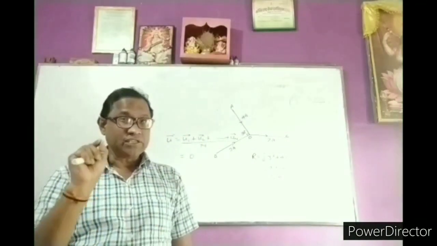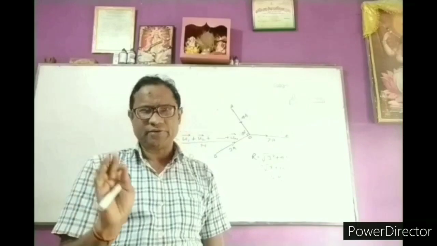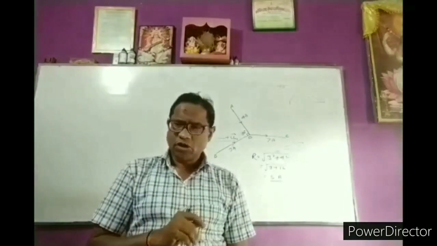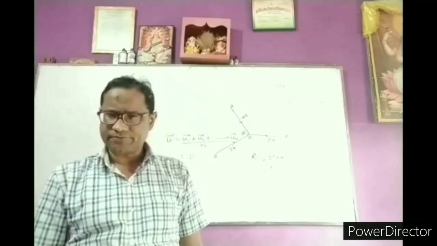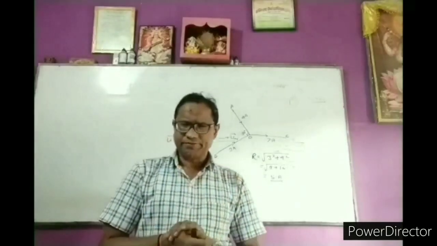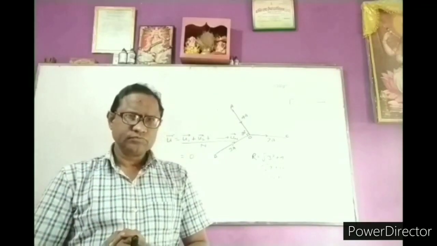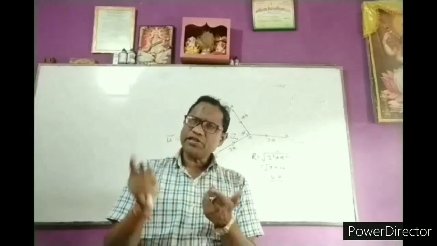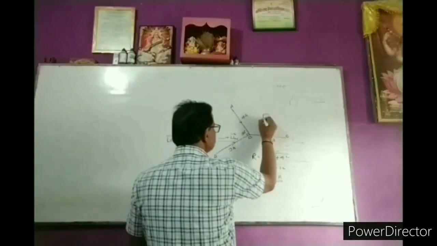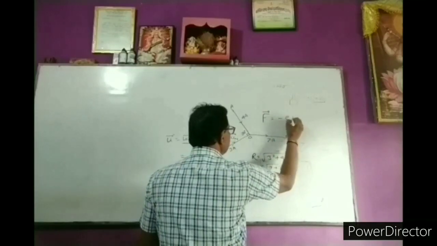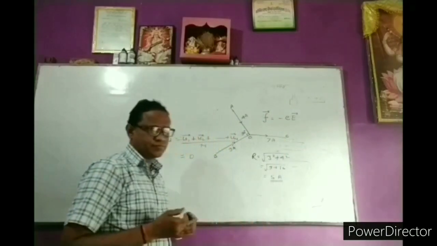When a potential difference is applied across the ends of a conductor by a battery, an electric field is set up across the ends of the conductor from positive end to negative end. So the free electrons in the conductor experience a force F is equal to minus eE.